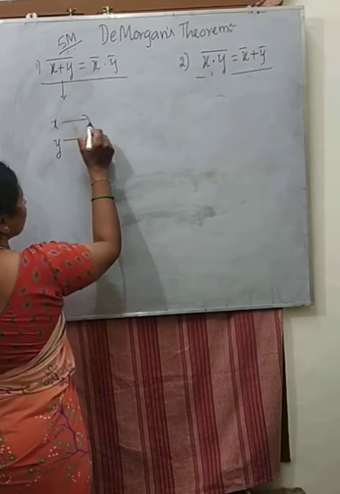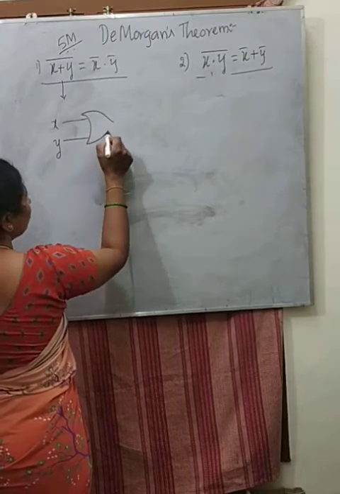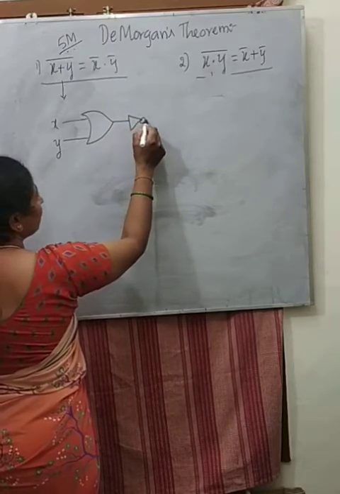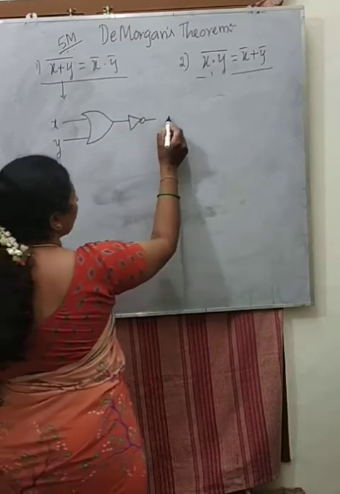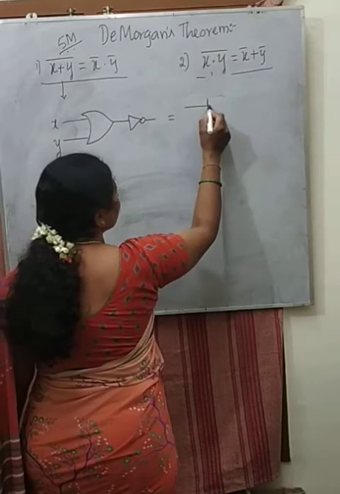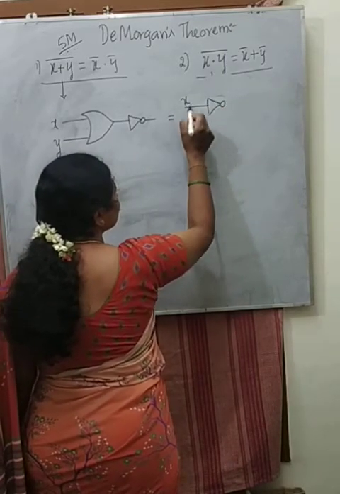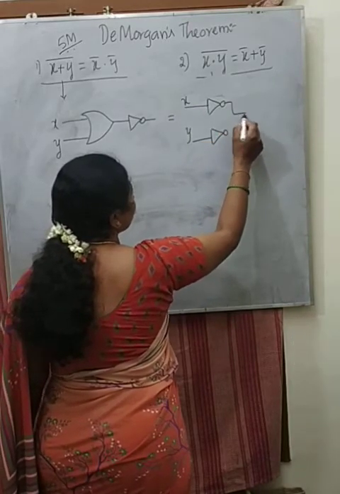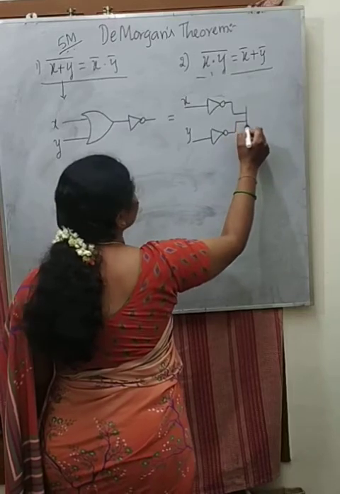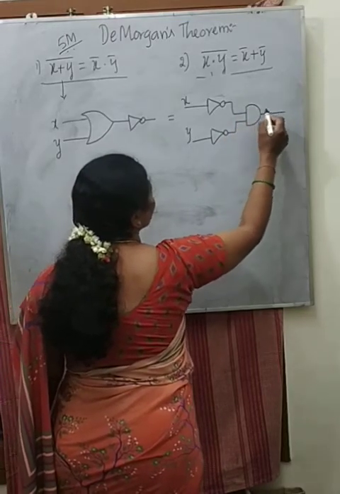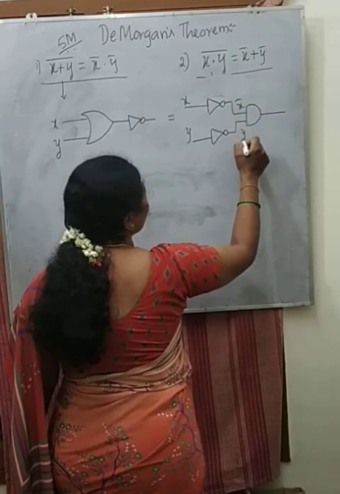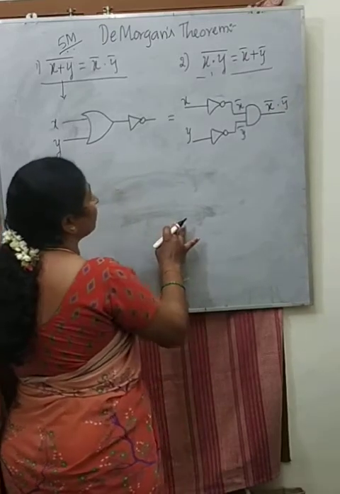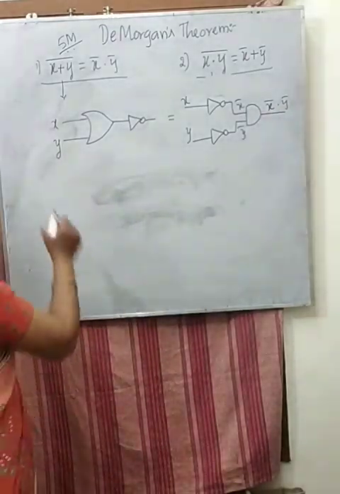The complement of the sum of 2 variables is equal to the product of the 2 individual complements. Here you will get x complement into y complement. This is your first statement.